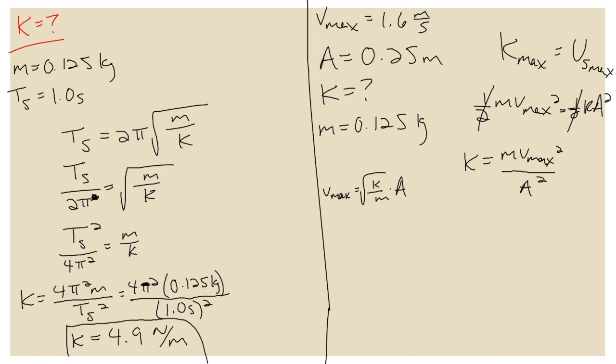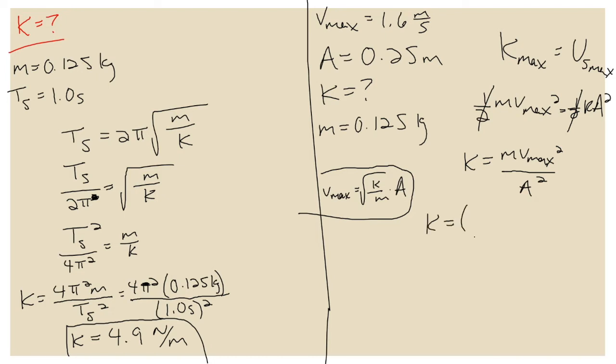Having said that, it is good to know where this v max equation comes from, because in a situation like this, if you know how to derive the v max equation, it's actually easier to solve for k setting it up this way, because otherwise you get v max over A equals the square root of k over m, then you have to square both sides. It ends up being kind of annoying. This is a nice, clean way to do it.